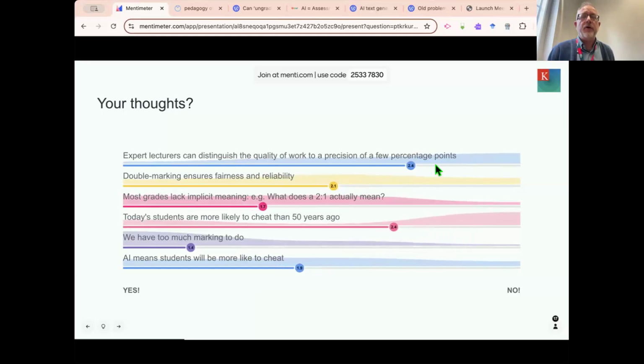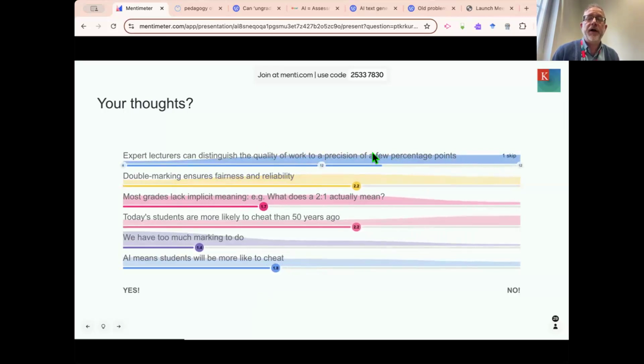So let's see where we are. If you know Mentimeter, you'll know that the mean appears, see, I'm using a mathematical term, in the little circle there, and the spread is represented by this line here. So each person will be somewhere represented on that spread there. So you can see we've got a broad spread here, somewhat of a tendency towards yes here, a really interesting spread here.